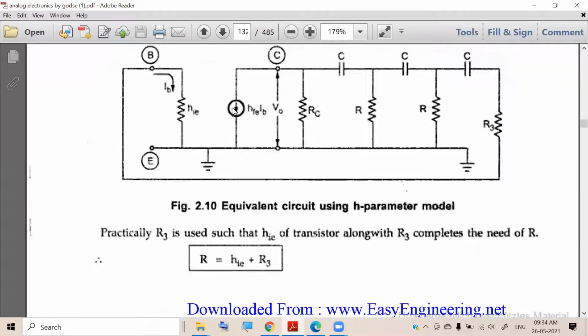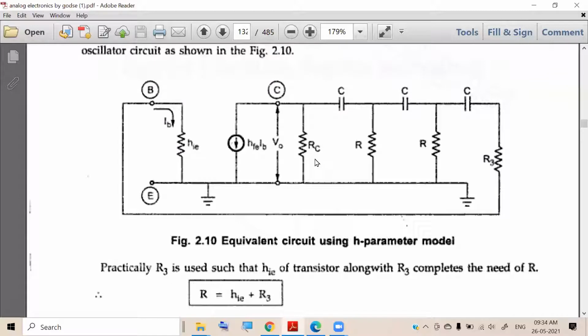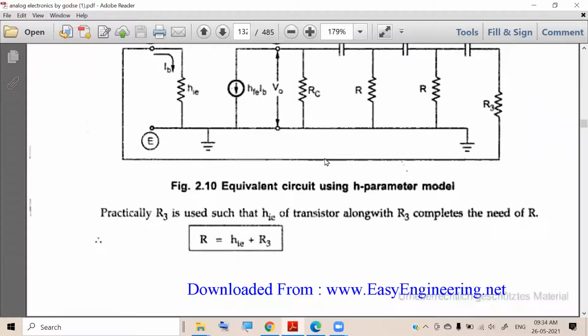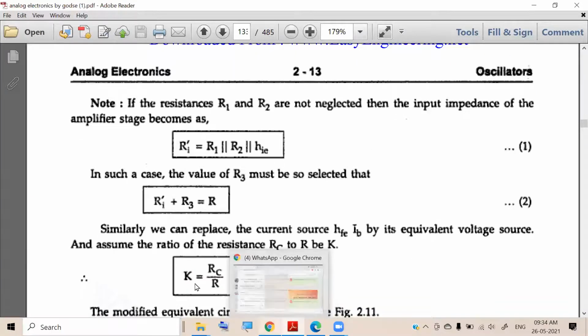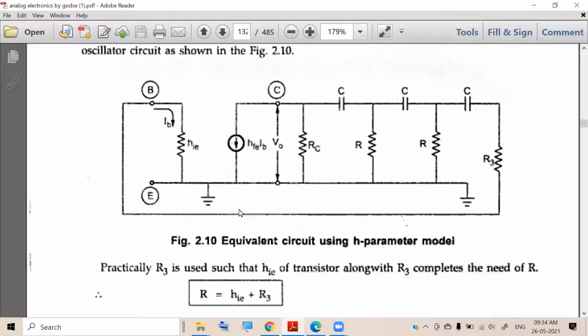Here, to avoid one more variable RC, since we already have R and this equivalent R, we represent RC also in terms of R by assigning a relation: RC equals K into R, or we define a term K as RC by R. Now what do we have here?